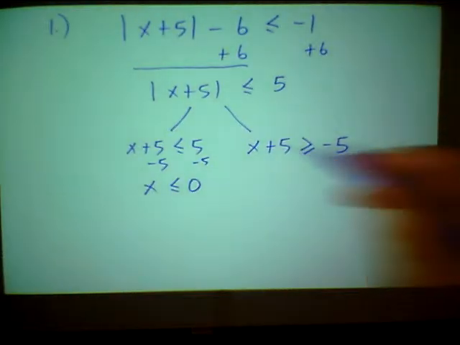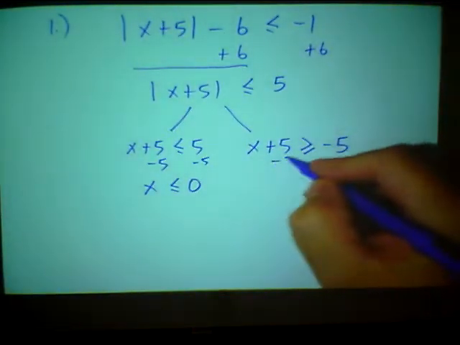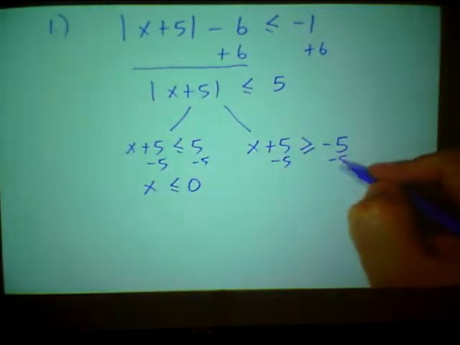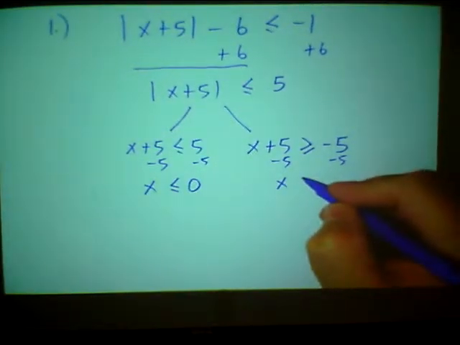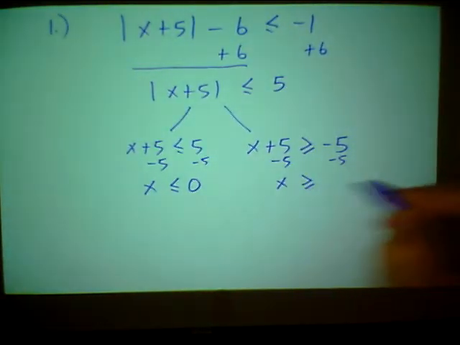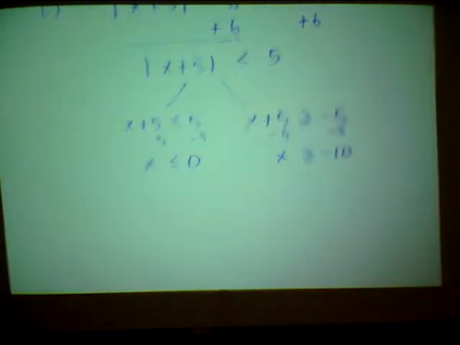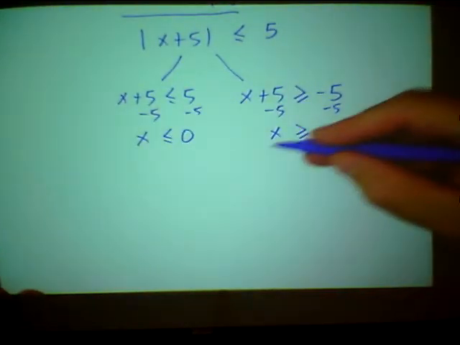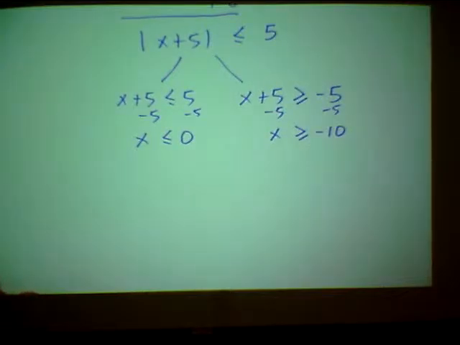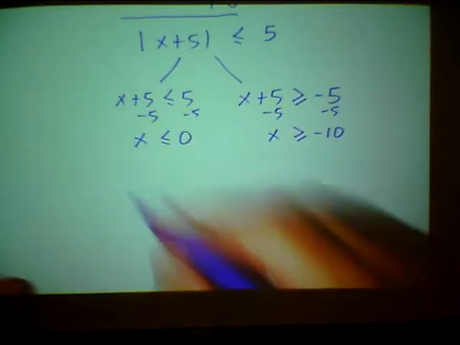Now I'm going to solve this second equation. Subtract 5 from both sides. Now I have x greater than or equal to negative 10. Now I'm going to graph both of these inequalities on the same number line.